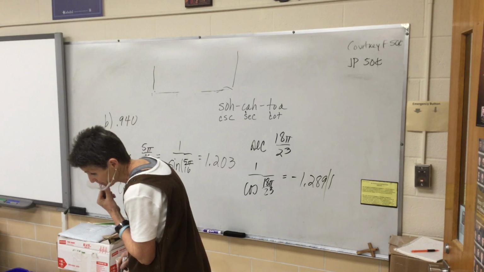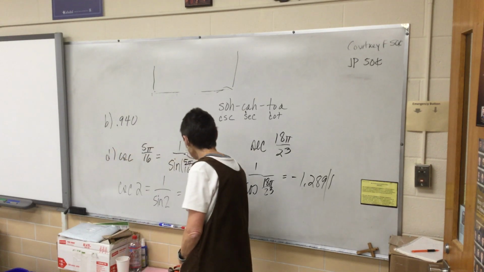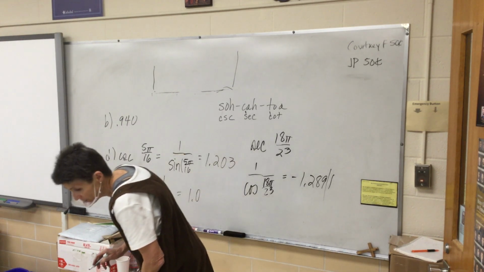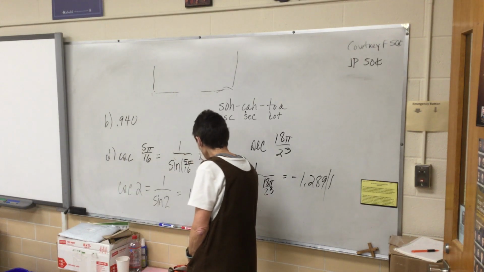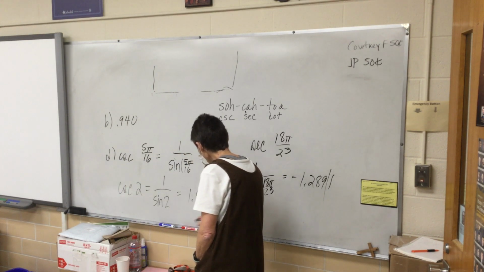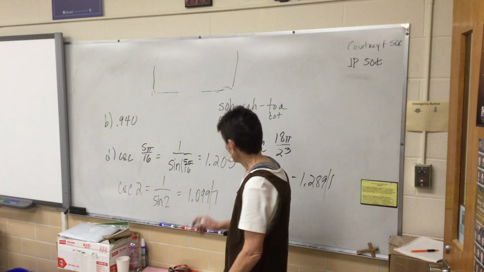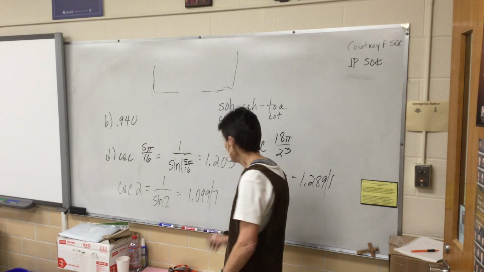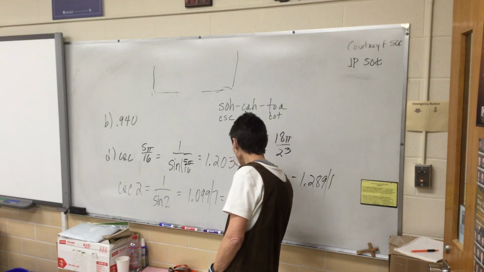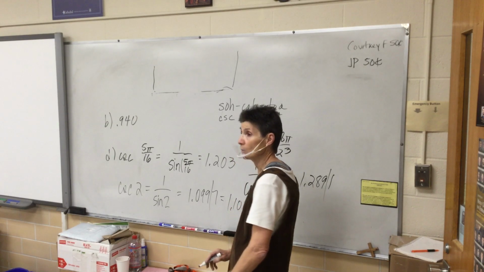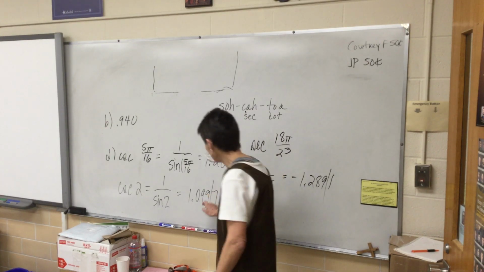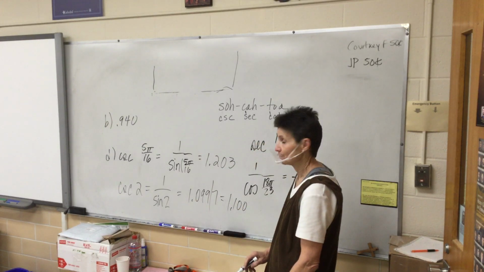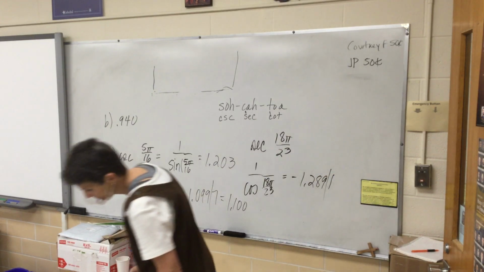That's a tricky one. 1.0997. So I'm rounding here, right? That 99 is going to have to be rounded up to 100. So my answer is actually going to be 1.100. Was it positive? Yeah.